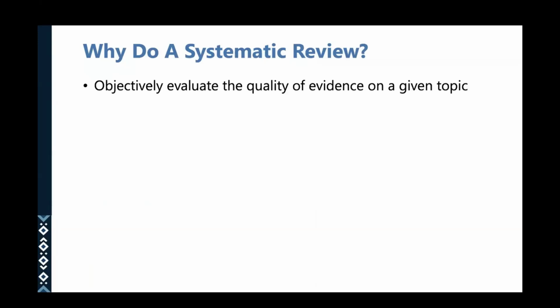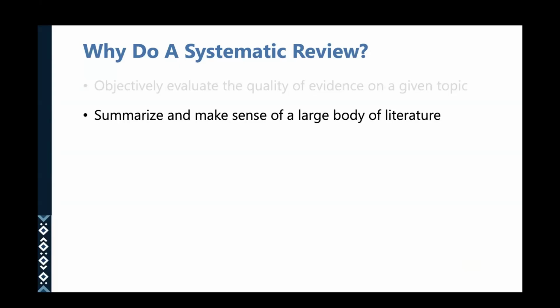So why do we conduct systematic reviews? They help us to objectively evaluate the quality of evidence on a given topic. Because you're bringing together different papers, you synthesize the evidence from these papers to have a sense of the quality of evidence that exists on that topic. They also help us to summarize and make sense of a large body of literature. It's very hard for people to read across different papers.